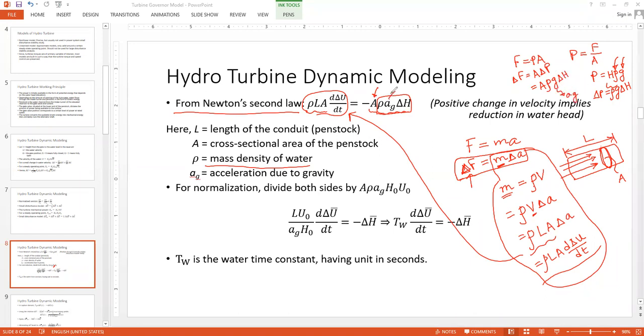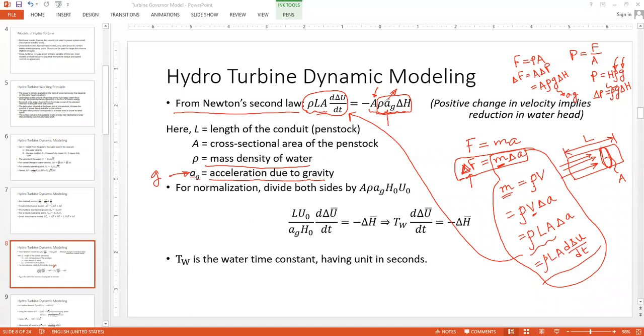So we have got it. So del F is replaced by A del P, and del P is replaced by rho G del H, because water head height could be affected based on the operation of the turbine system, gate valve positioning, etc. And this G is actually this AG. What is AG? Acceleration due to gravity. So this is the G I am talking about. So this G and this AG are same.